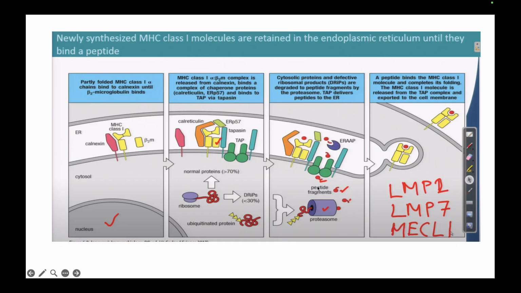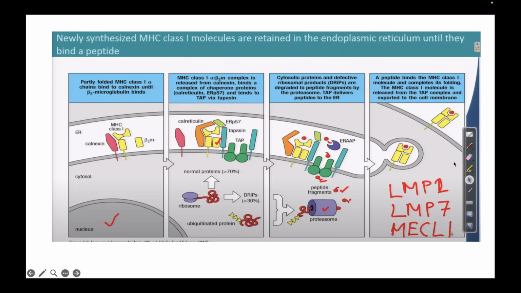So from the cytosol they go to the ER with the help of the transporter called TAP. A peptide binds to the MHC class 1 molecule and completes its folding, and the MHC class 1 molecule is released from the TAP complex and exported to the cell membrane.